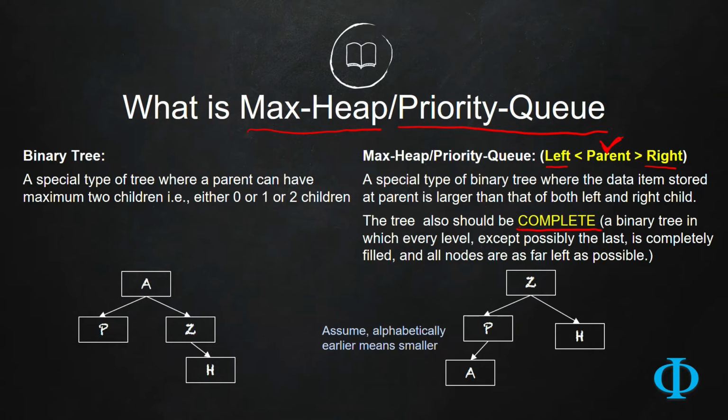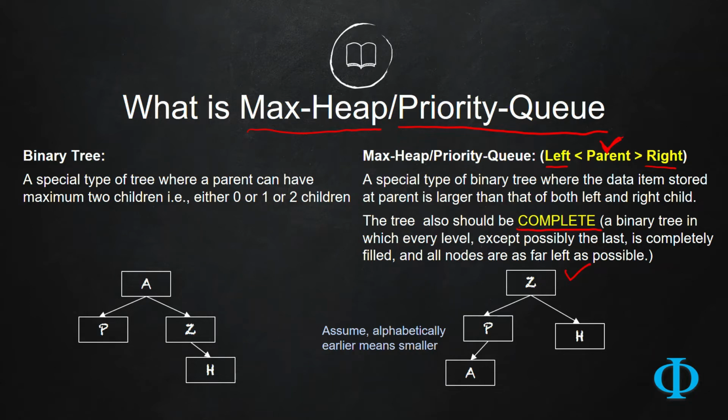A complete binary tree is a binary tree in which every level except possibly the last level is completely filled up and all the nodes are as far left as possible. What does that mean? You can easily understand it through this example on the right hand side.